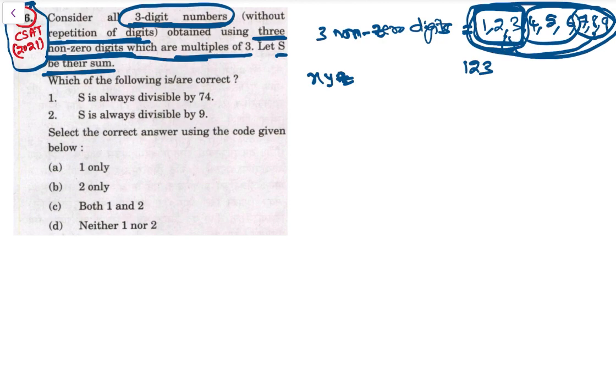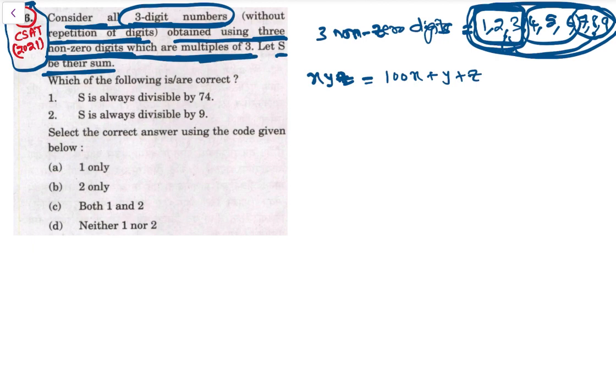So XYZ number बनाया. ठीक है. So XYZ can be written as 100x plus y plus z. Then दिया हुआ, ठीक है, all 3-digit numbers obtained using 3 non-zero digits are multiples of 3.